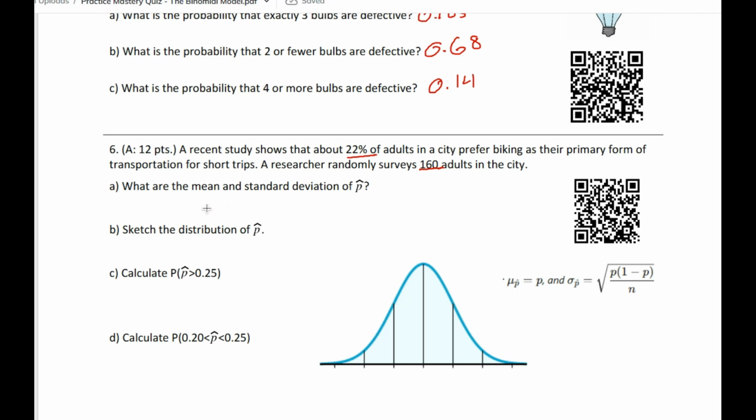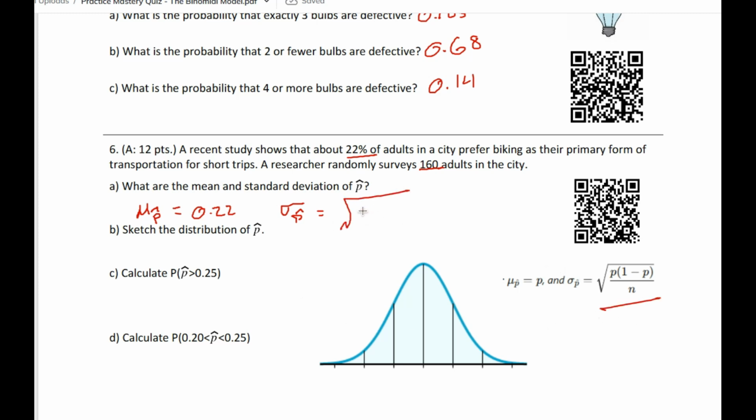Okay, so it says what are the mean and standard deviation of p hat? So we randomly select 160 adults from the city and find the proportion that like biking. So we would expect the average of our sample to equal the true proportion. And we would expect the standard deviation of our sample to equal what we get when we use this formula.